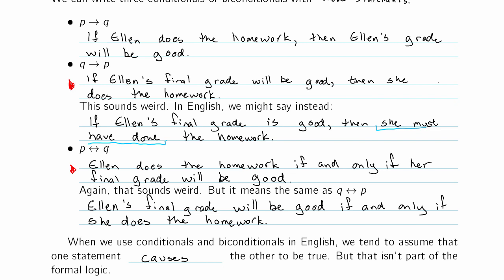So conditionals in English often have some implication of causation. That's not the case in logic. All that the logical statement is telling us is that there is this visible relationship between the truth values. We can see that this happens, but it's not necessarily causing it. Q being true is evidence of P being true, not necessarily the cause of P being true.